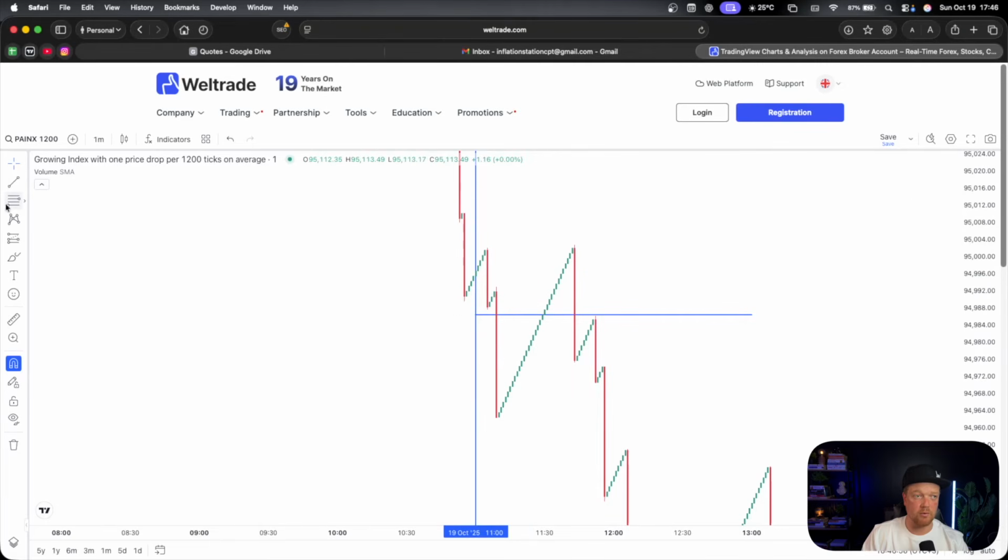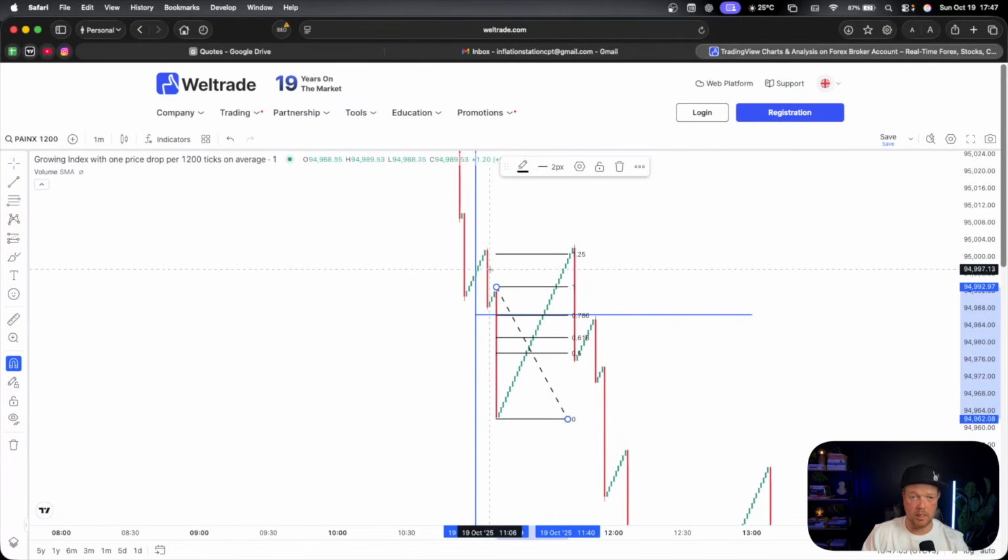So it's this one right over here. You are going to draw your fib, right, from the high to the low. And then you are going to enter your trade right over here on these zones.